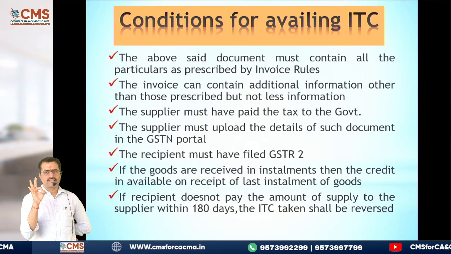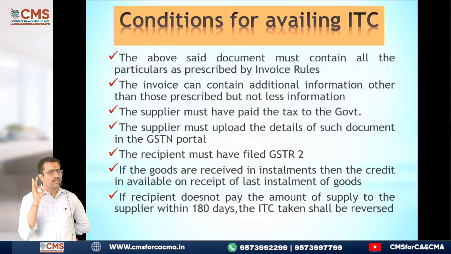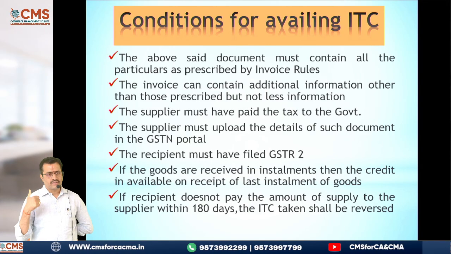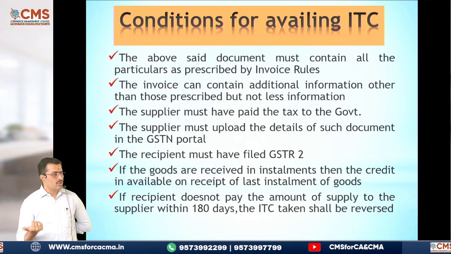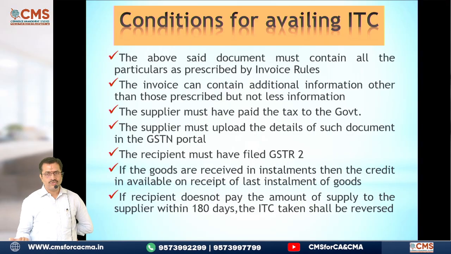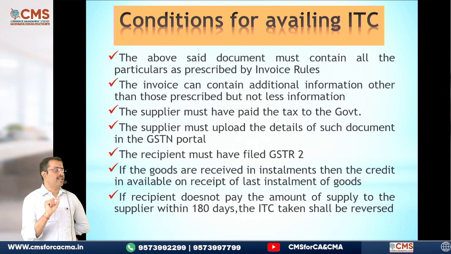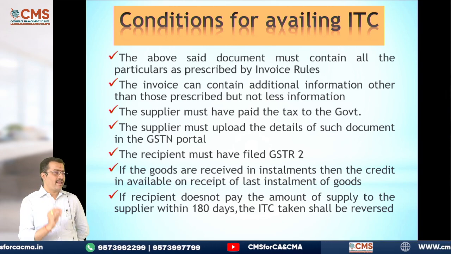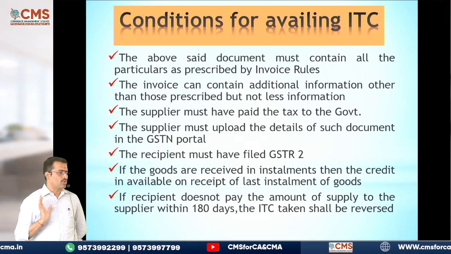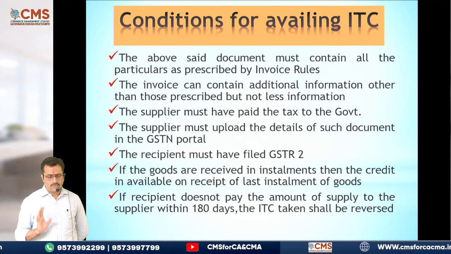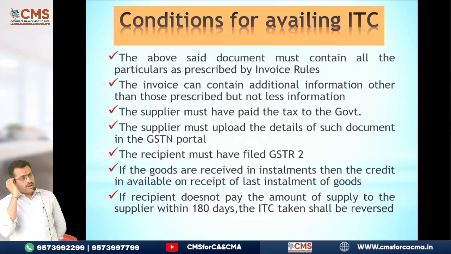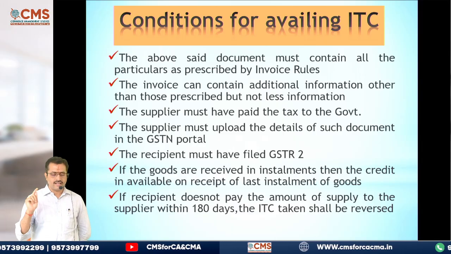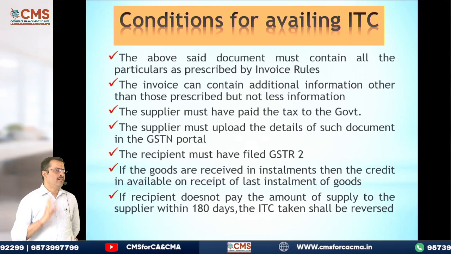Then you should also have the quantity of the goods, value of the goods, the GST amount charged, the total value, then the signature of the authorized person. These are all mandatory as per the invoice rules. So please be careful with this point. Then he is saying the invoice can contain additional information other than that prescribed, but not less information.